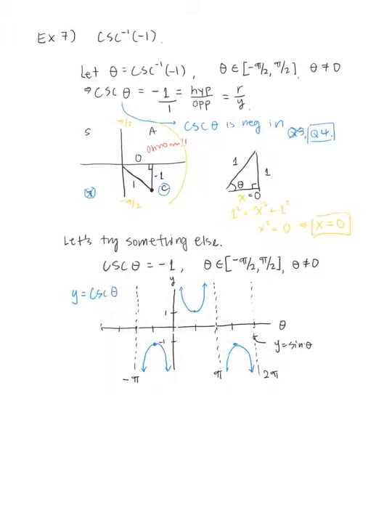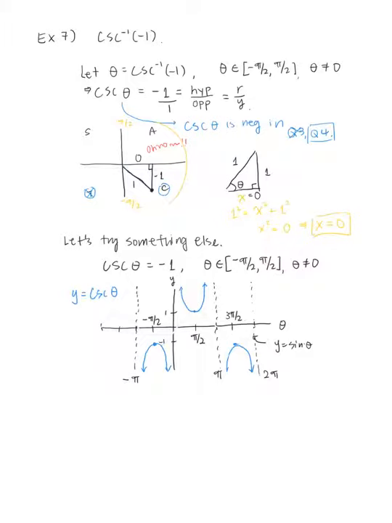Now let's analyze this. Cosecant of theta equals negative 1 at where? That's the question. First notice that this point is pi over 2. This is negative pi over 2. And this is 3 pi over 2. Now this function assumes y equals -1 when theta is either -pi/2 or 3 pi/2 and so forth.